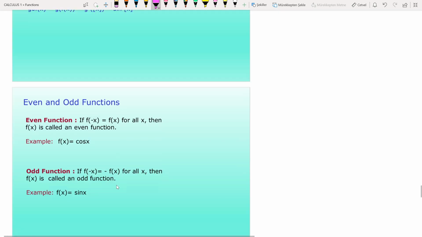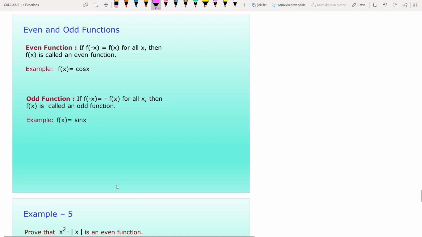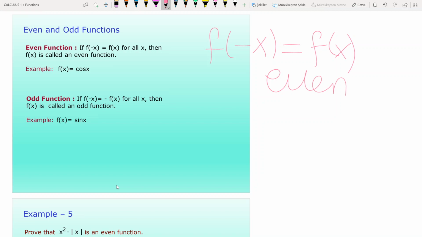I leave this problem. And finally, I should mention even and odd functions. If f(-x) is equal to f(x) for each x, then this function is called an even function. If f(-x) is equal to minus f(x), then this function is called an odd function.